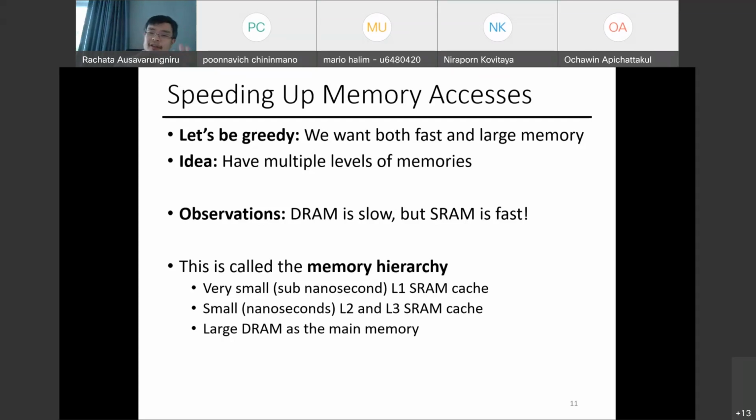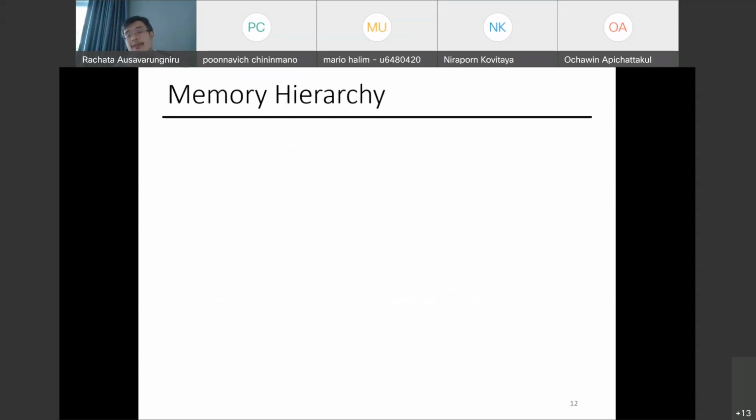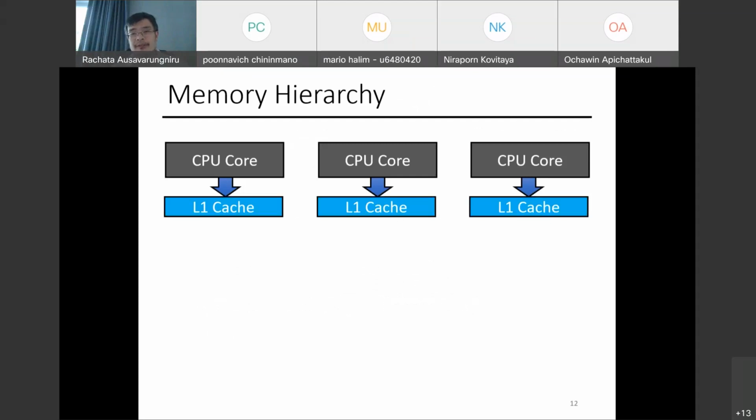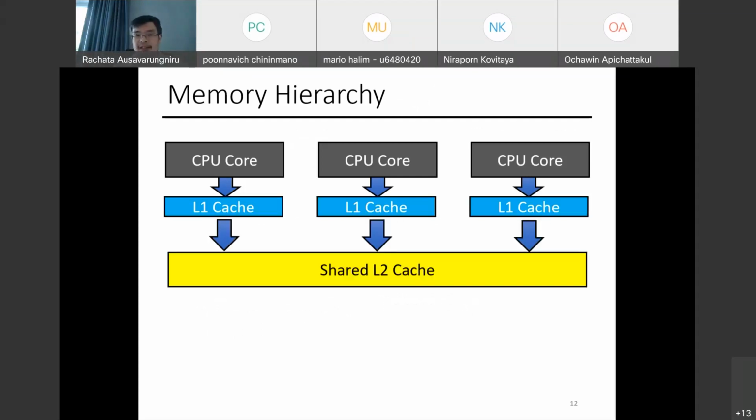And this concept is called the memory hierarchy, right? So you have the CPU core, the processor that runs x86 assembly: load, add, subtract, jump, whatever. When you need to access the data, instead of going directly to the memory, it will first check the L1 cache, followed by the shared L2 cache.